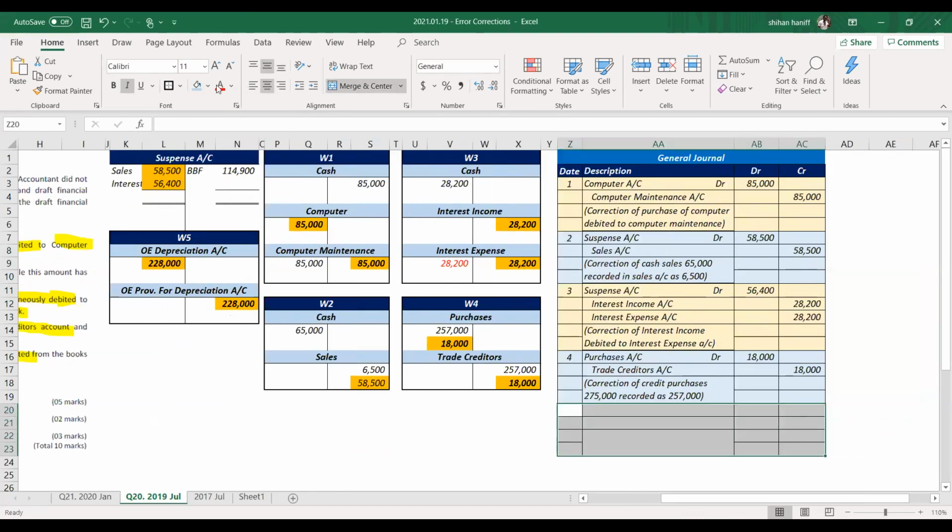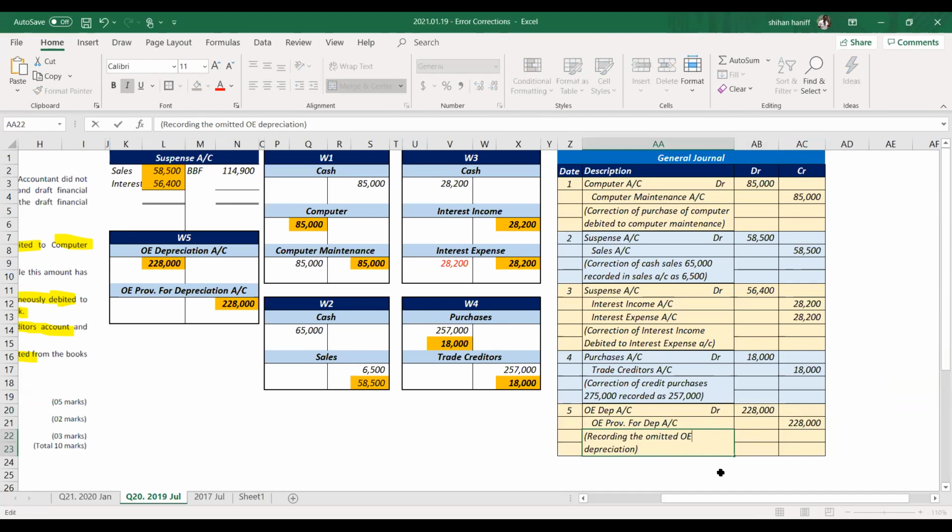Number 5. Recording the omitted office equipment depreciation. Any doubts?